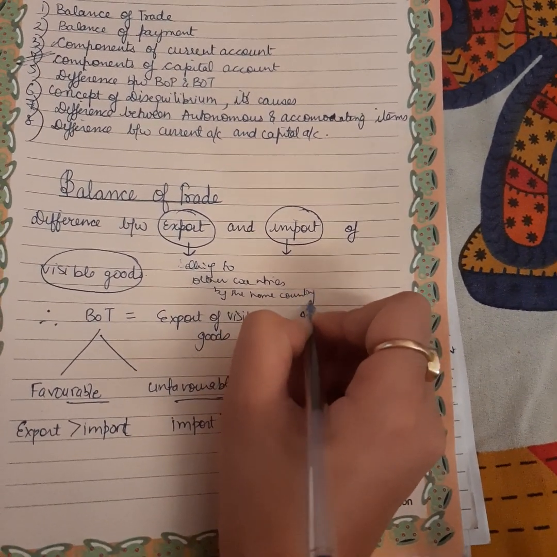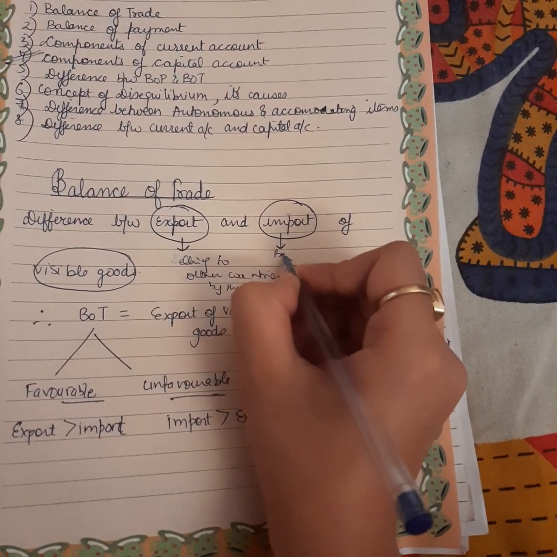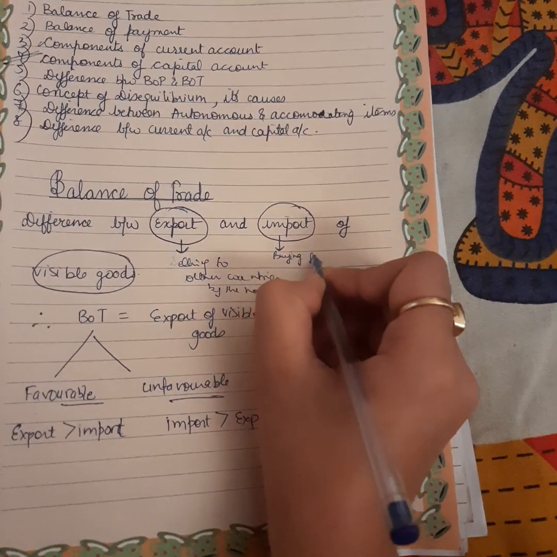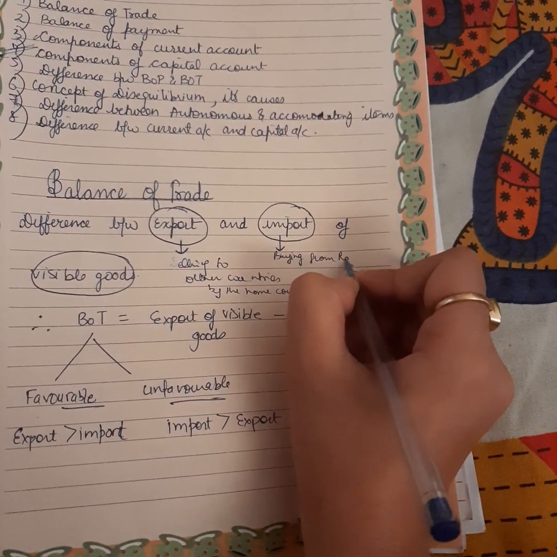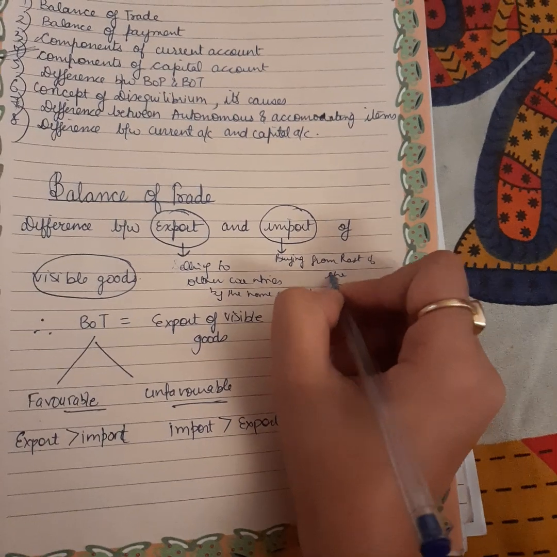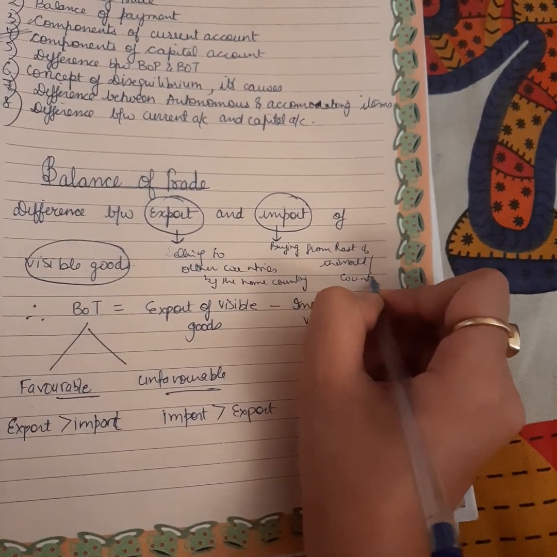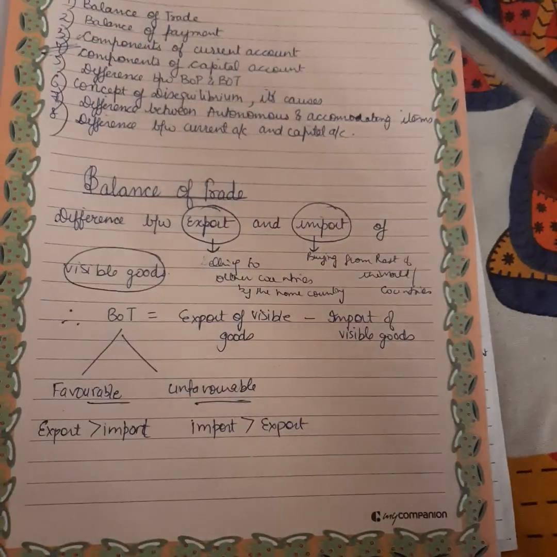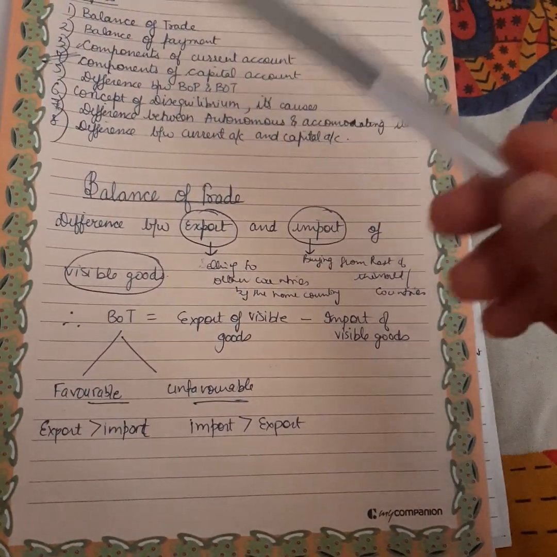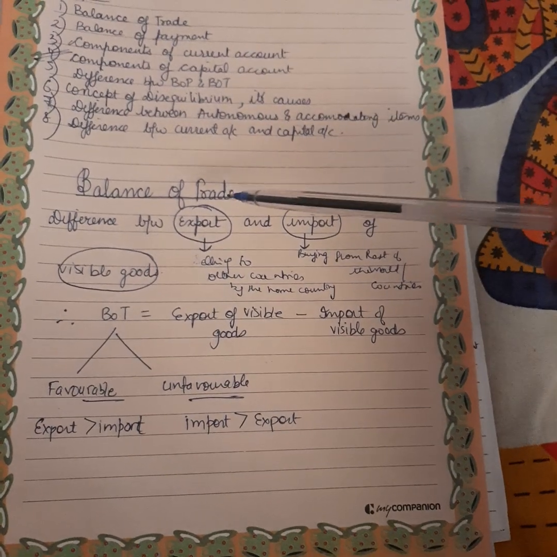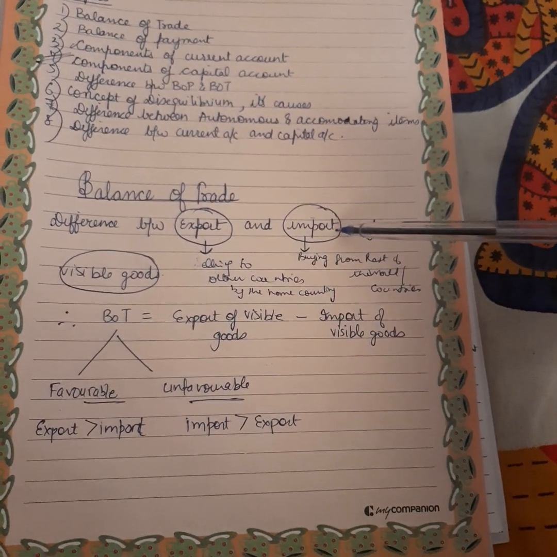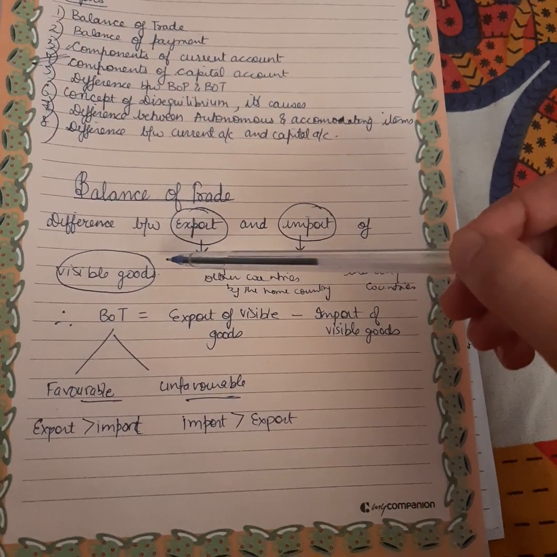And what do you mean by import? Import means buying from rest of the world or from some other countries. Okay, so now I understand balance of trade is the difference between export and import of visible goods. What do you mean by visible goods?